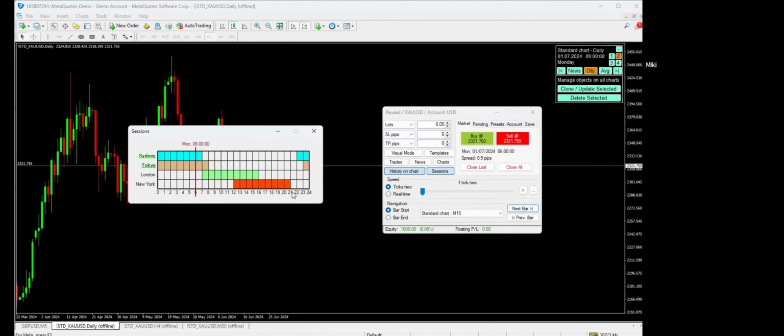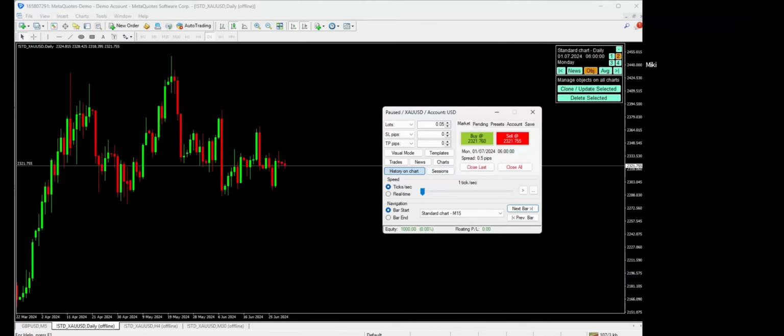And that's because, look, it says here the market's closed from 9 to 10, but markets usually close from 10 to 11 every day. So I believe this is an hour off. So we're going to start from pre-London open, which is 6 o'clock.